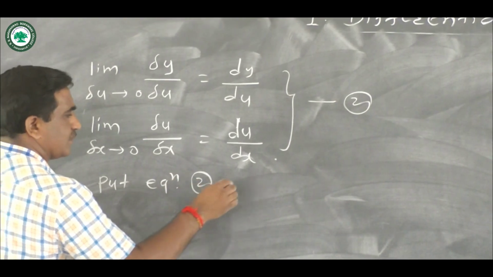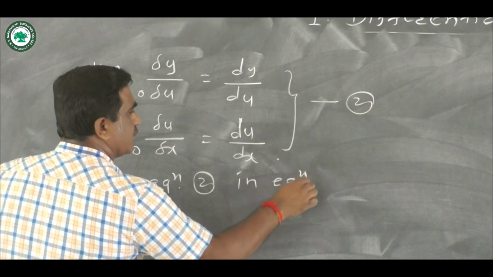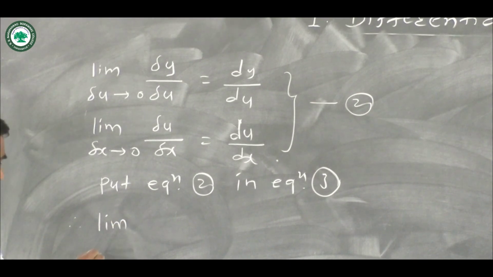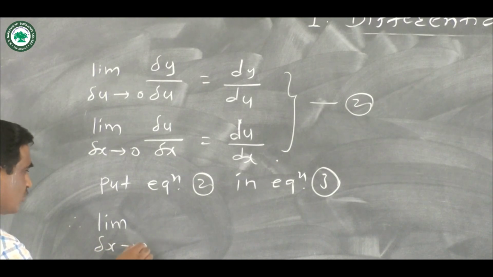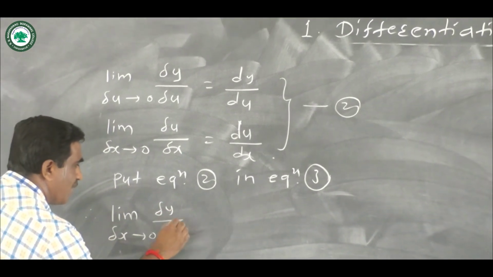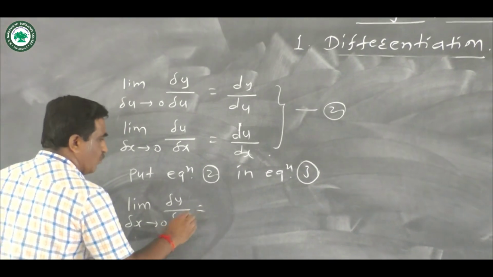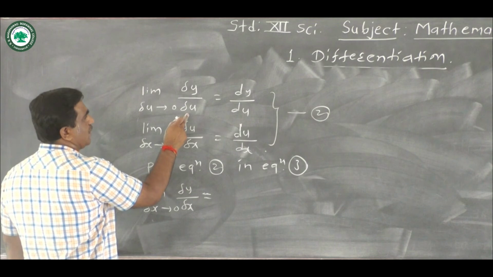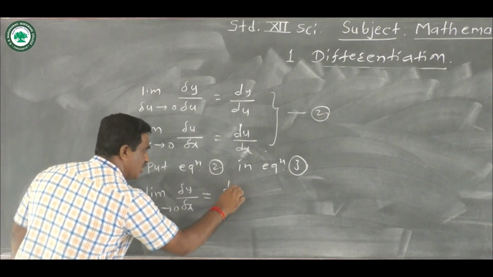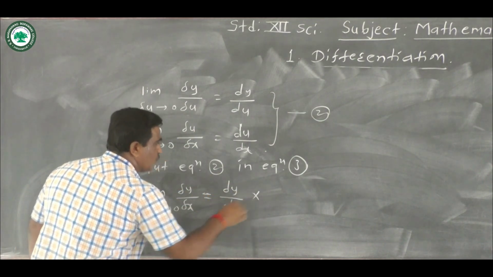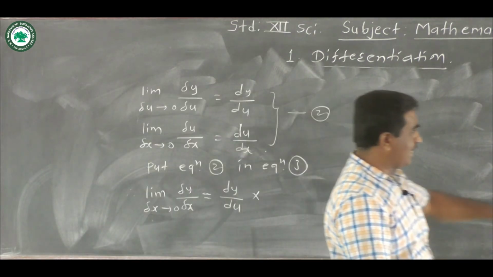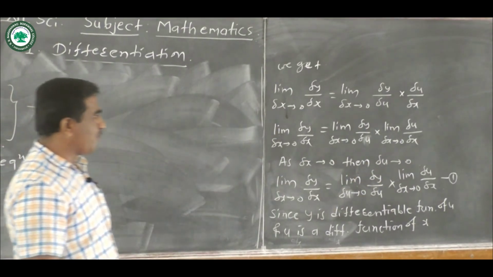Therefore we can write LHS as it is, limit delta x tends to 0, delta y by delta x equal to dy upon du into du upon dx.